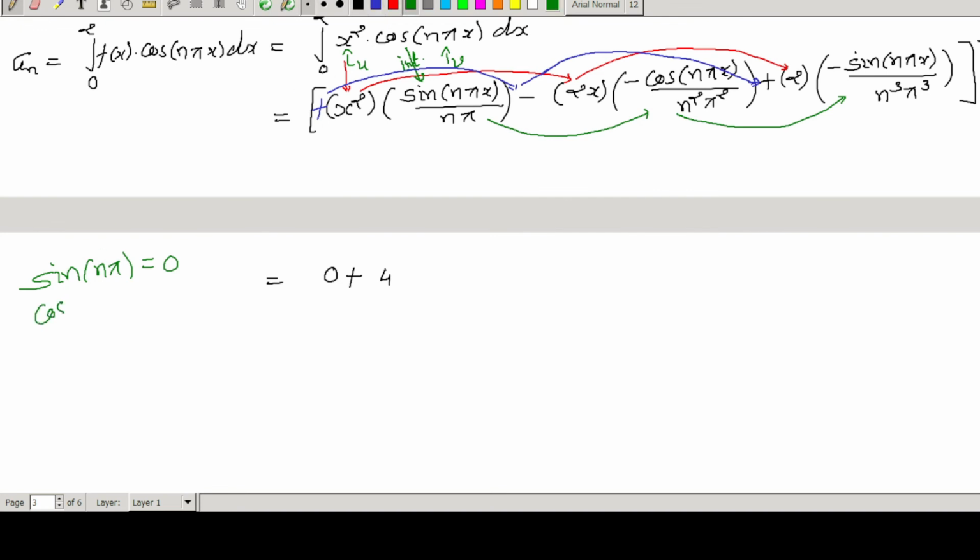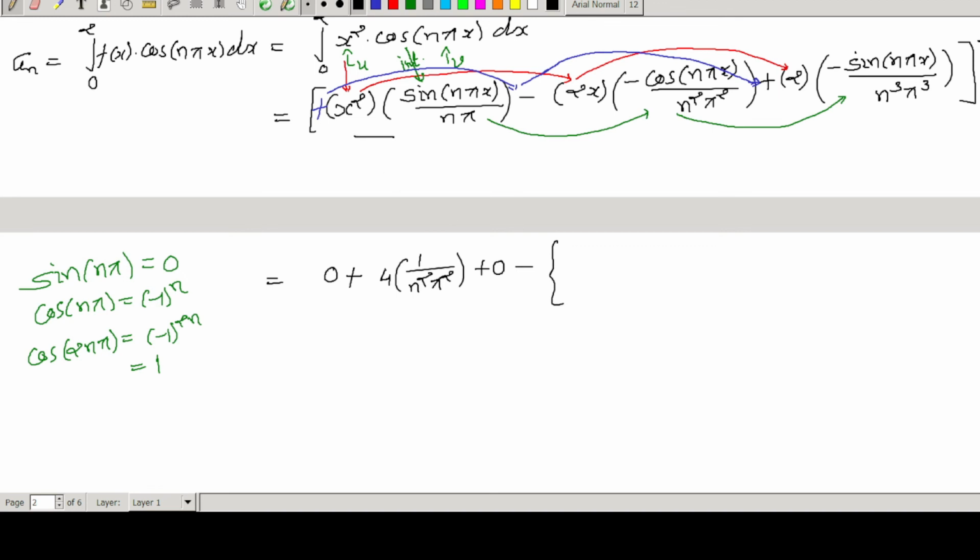What is cos n pi? It is minus 1 raised to n. So cos 2n pi is minus 1 raised to 2n, which is 1. Right, so this is 4 into 1 upon n square pi square. Again we substitute x equal to 2, so sine 2n pi is 0, so this is 0, minus the lower limit.